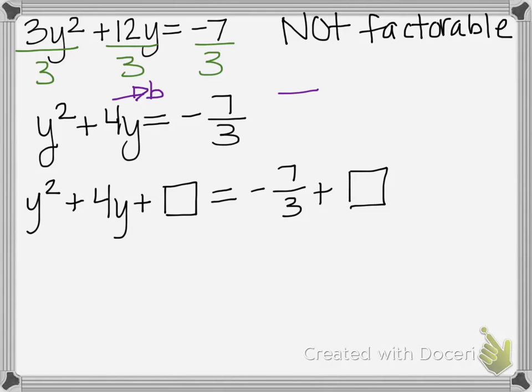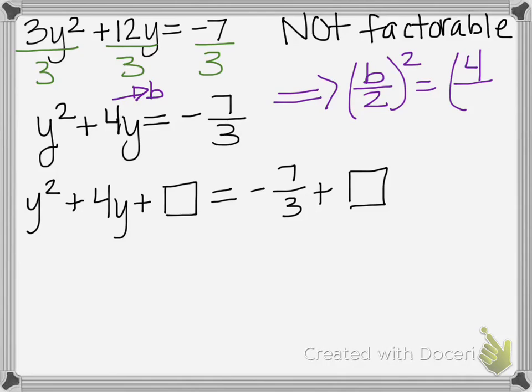So to figure out what my missing number is, I need to do b over 2 squared, which is 4 over 2 squared, which is 2 squared, which is 4. So what that means is that 4 is the number that I need to add to both sides to complete the square.